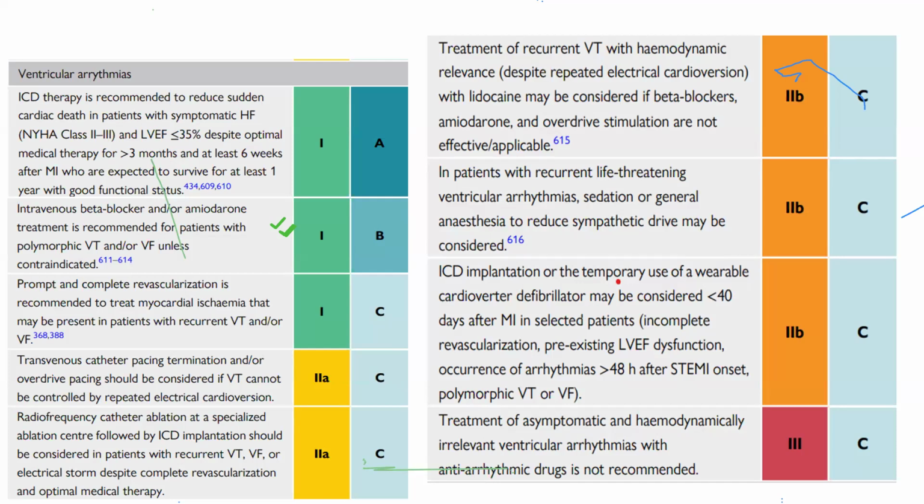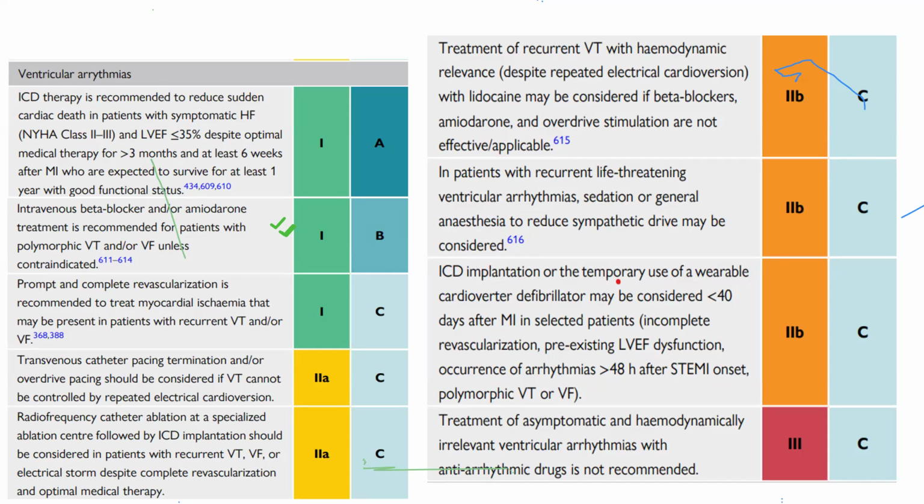ICD implantation or the temporary use of a wearable cardioverter defibrillator may be considered less than 40 days after MI in selected patients who had incomplete revascularization, pre-existing LVEF dysfunction, occurrence of arrhythmias after 48 hours after STEMI onset, polymorphic VT.